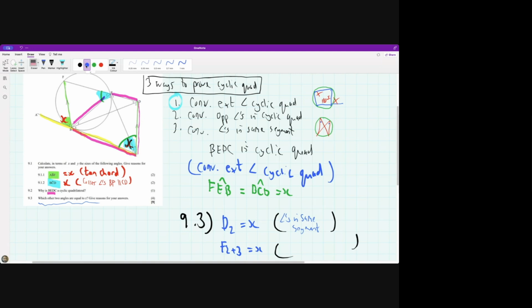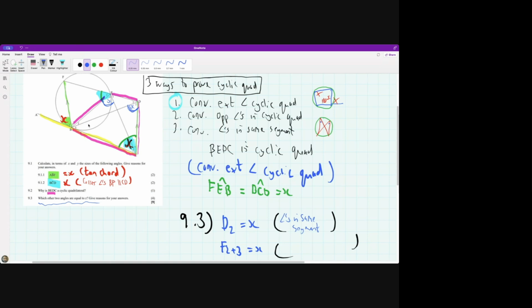There is already an X over here, and it has to be equal to this angle over here because these are angles in the same segment, or angles on the same arc, is another way of saying it. These two angles must be equal to each other. Does that help you?